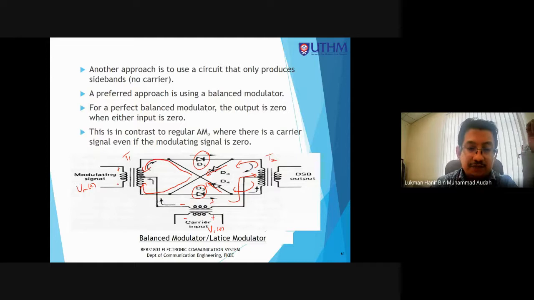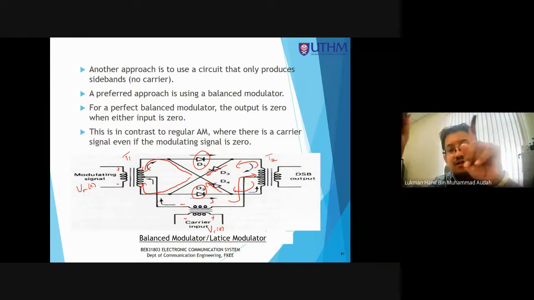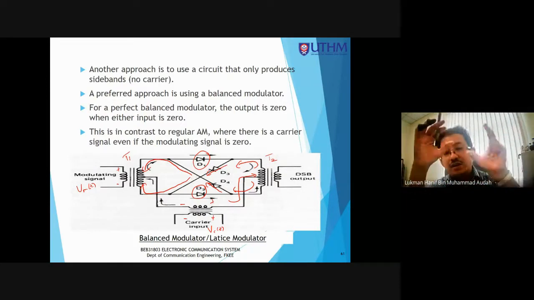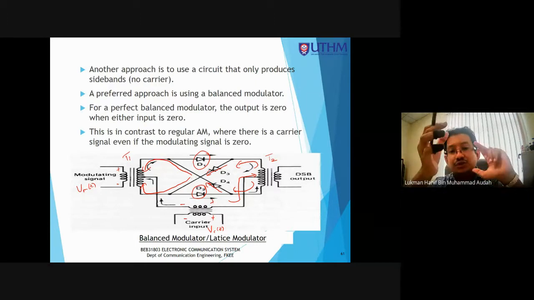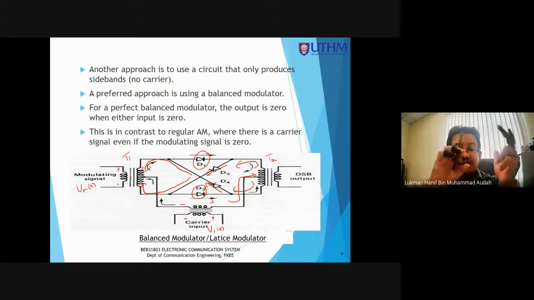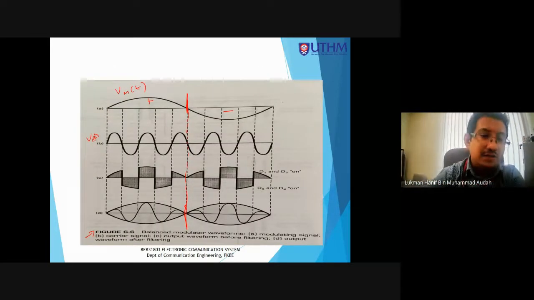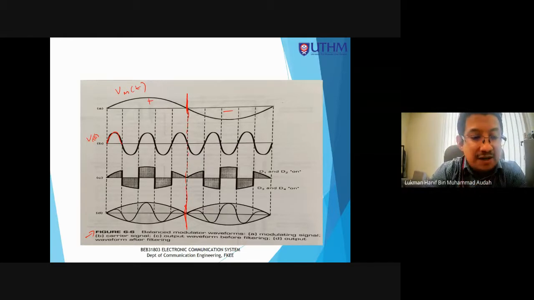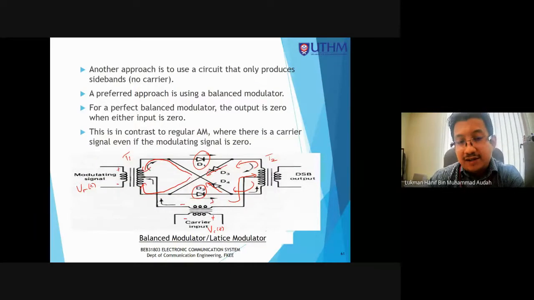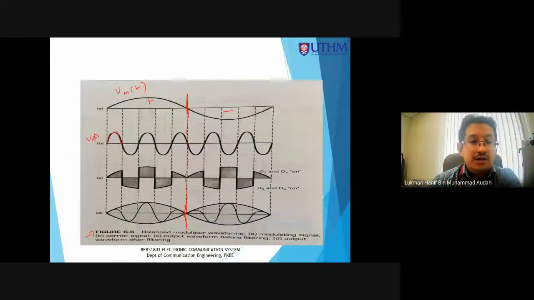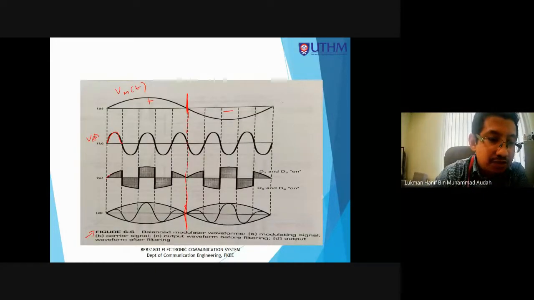Macam tadi kita lihat, carrier polarity berubah banyak kali, maknanya current telah mengalir, maknanya D1 and D2 dan juga D3 and D4 telah switch on and off berkali-kali. Tadi pada ketika VCT polarity dia positif, maka D1 dan D2 akan switch on. Pada ketika D1, D2 switch on, dia menghasilkan positive output.